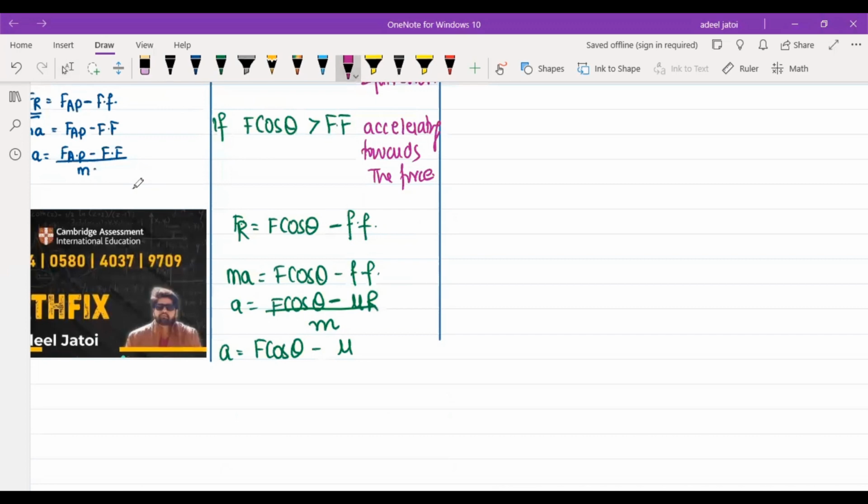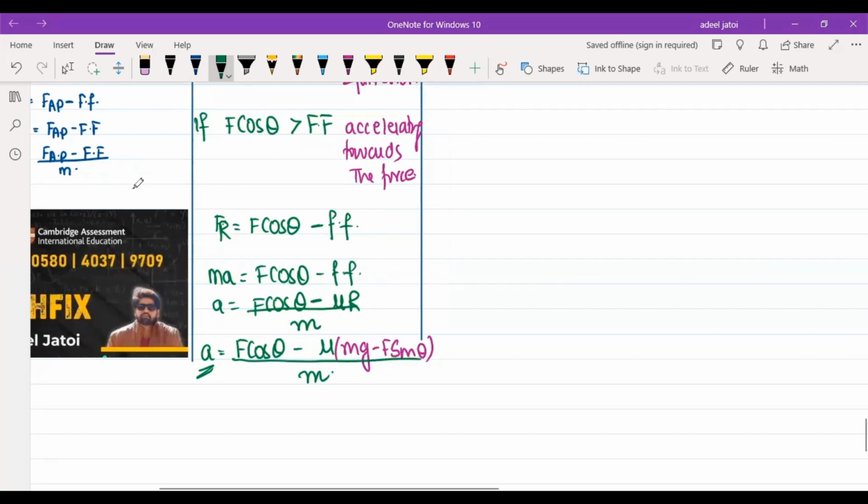So we're going to write it down here. In the place of R, that would be mg minus F sine theta, upon M. So this will give me my acceleration on the horizontal.